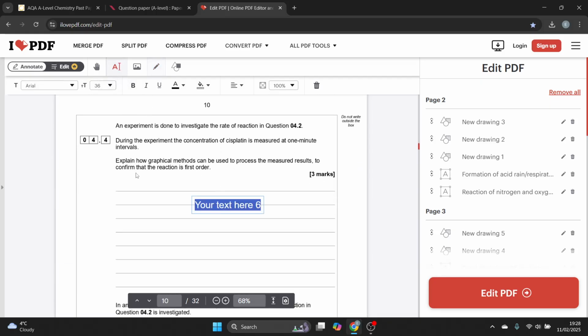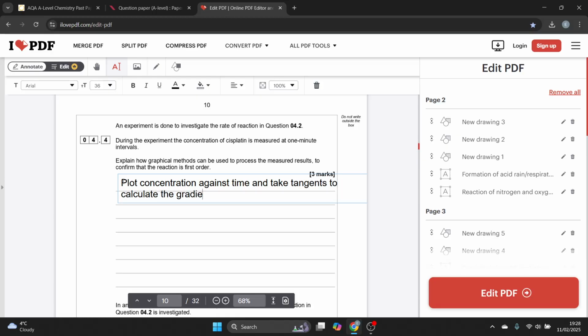Explain how graphical methods can be used to process and measure results to confirm the reaction is first order. So plot concentration against time and take tangents to calculate the gradients, hence to calculate rate.